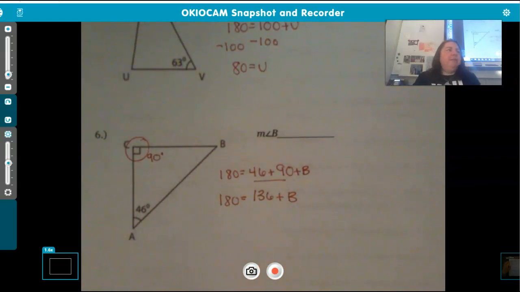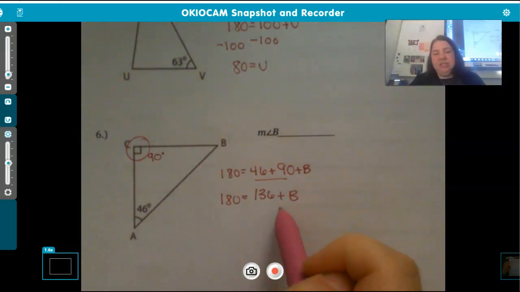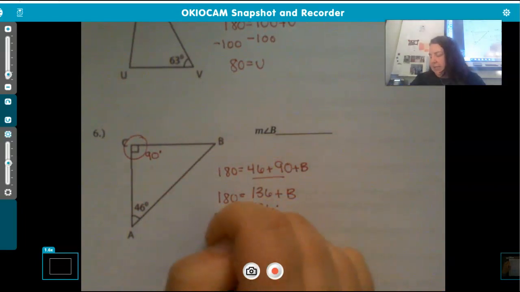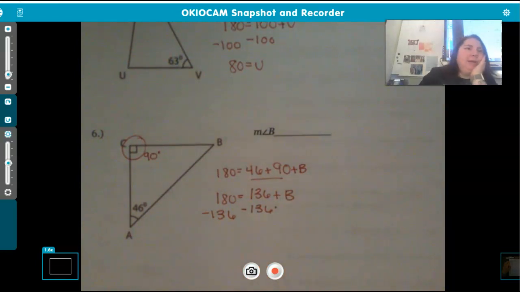Okay, what's the final step in this equation? Not divide. Divide is a lot of times our final step, but that's when the variable and the number are touching with nothing in between. In this case, we have that addition symbol, so we're going to subtract this because we do the opposite. All right, somebody stick that in your calculator. 180 minus 136.